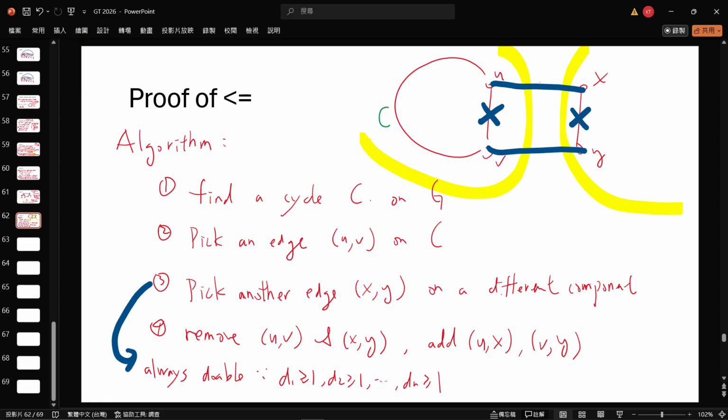Therefore, every vertex has at least one neighbor. And the last step is certainly doable because we just remove and add edges.